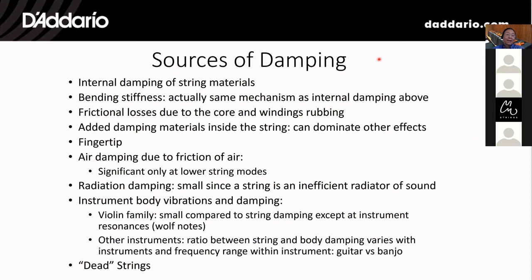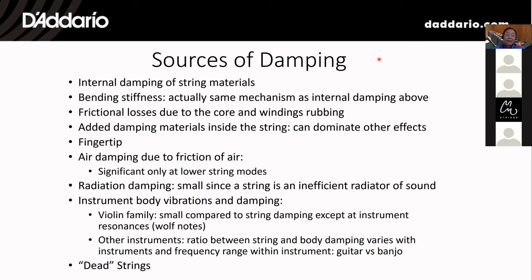And that added damping material can dominate all the other sources of damping. There's also fingertip damping. You can hear that an open string sounds brighter than a stopped string. This is most significant for the E string, which has very low damping.